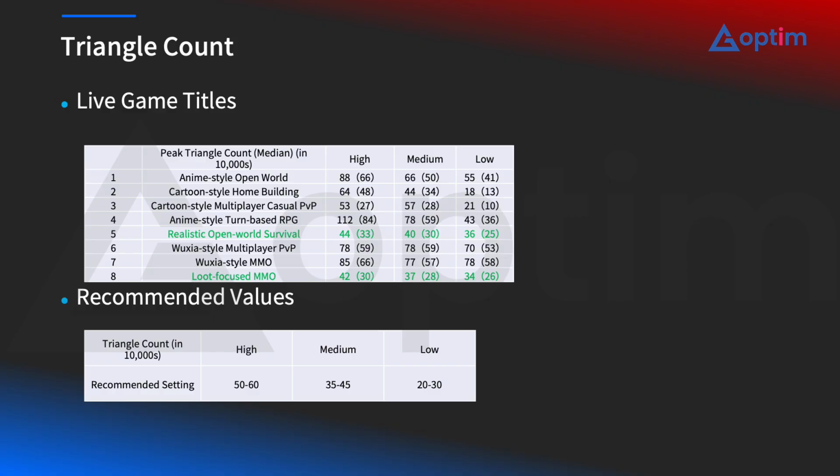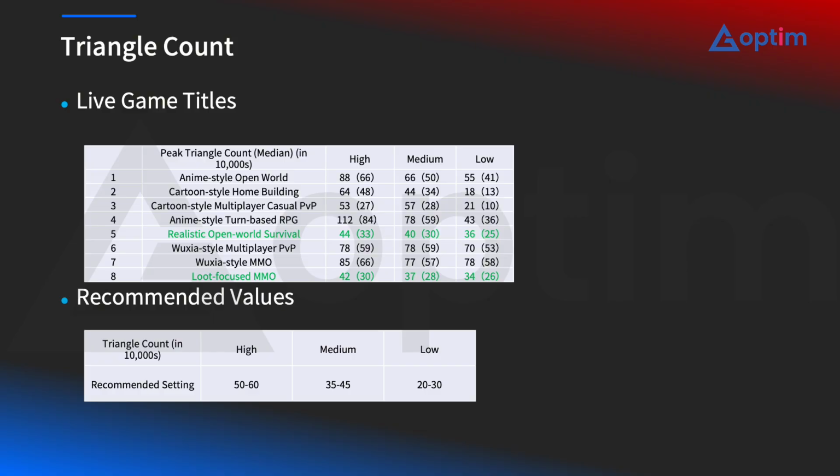For low quality, around 200,000 to 300,000. Of course, there will be differences across game genres, so these values should be treated as empirical ranges rather than strict rules. Overall, for most games, keeping high quality under 600,000 triangles is a relatively safe and reasonable target.